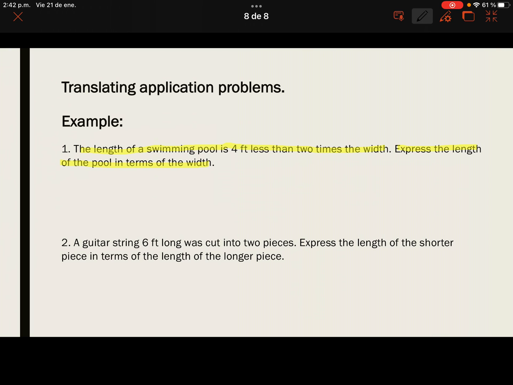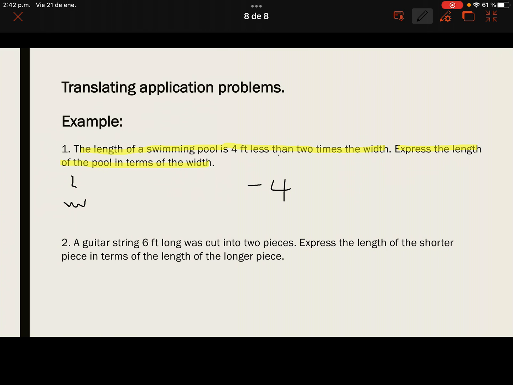The length of a swimming pool, okay? I'm going to represent the length with L and the width with W. Then the length of the swimming pool is 4 less than, which means that we are going to subtract 4. We have to subtract 4 from what?